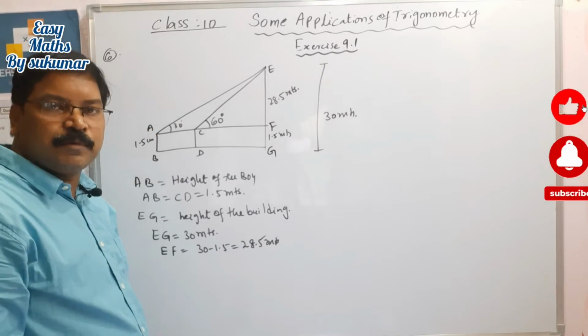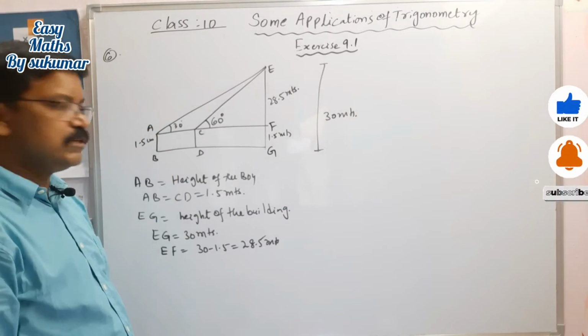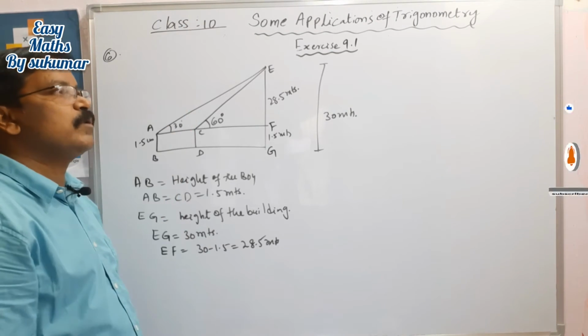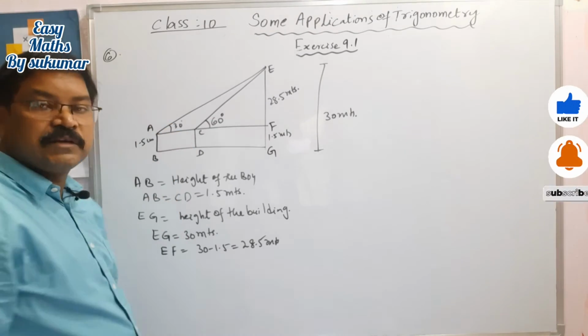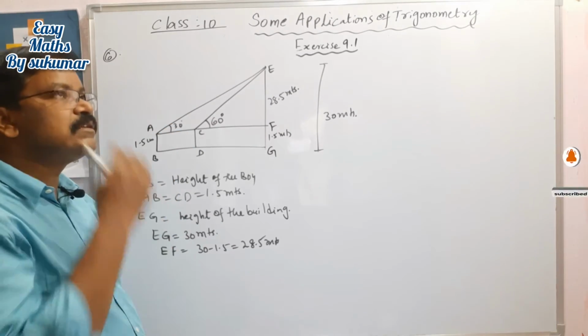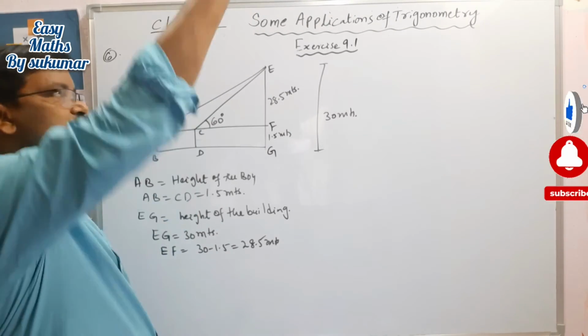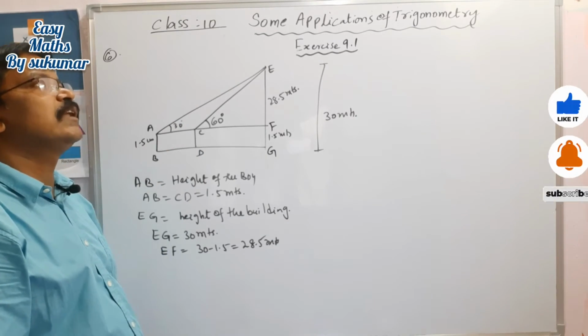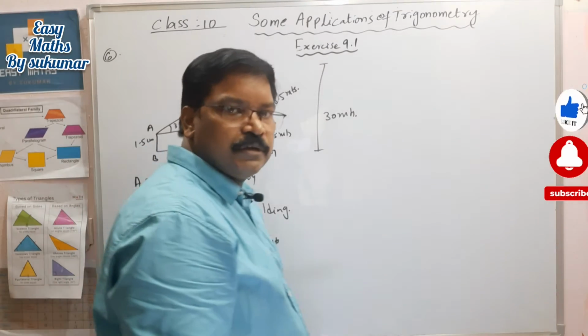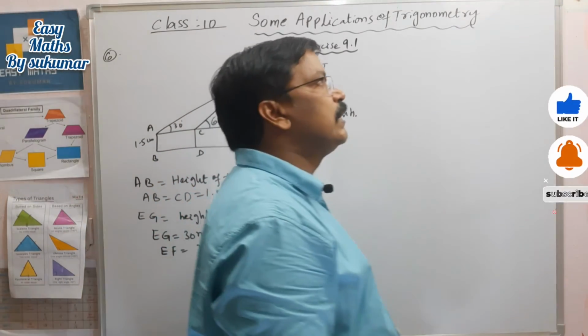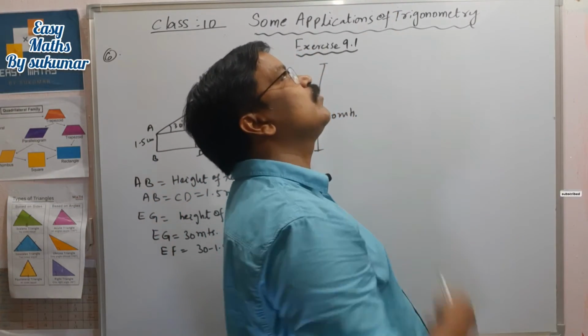Let me explain the entire sum first. Actually, I am the boy here, standing here and observing the top of the building with an angle of elevation from my eyes of 30 degrees. After some time, I walk towards the building and again observe the top of the building.